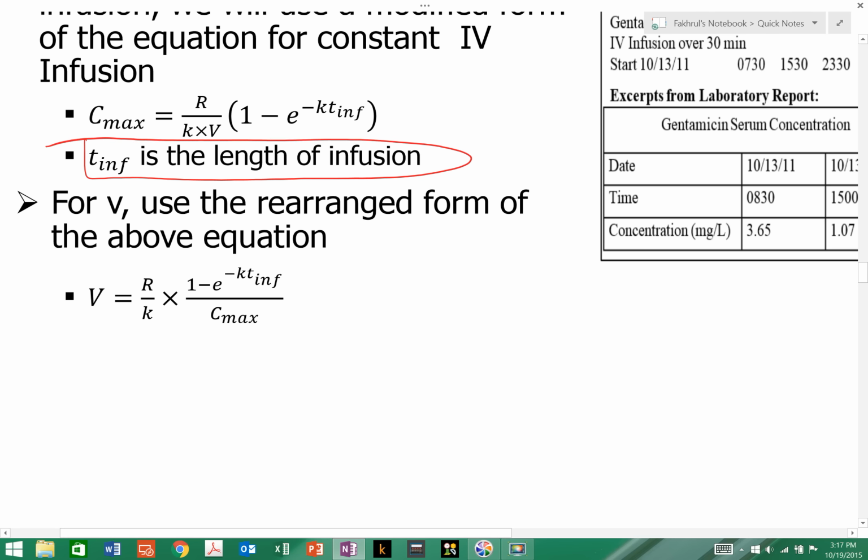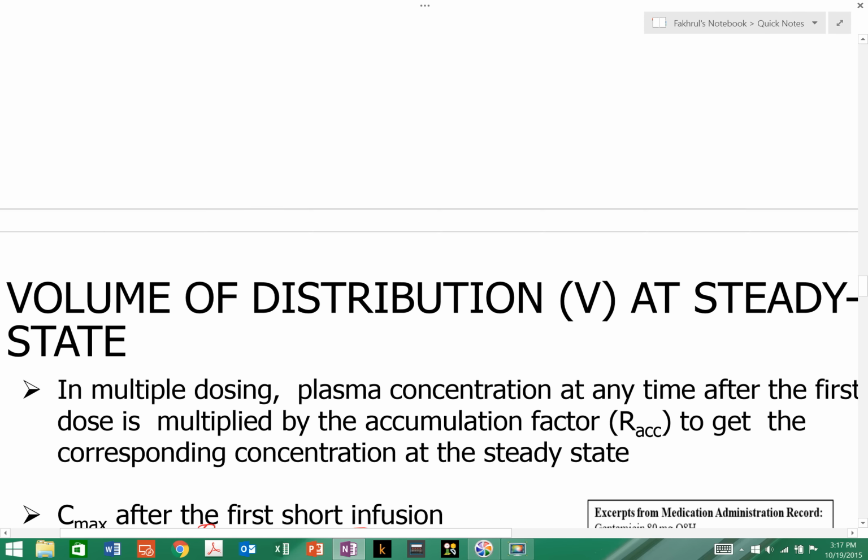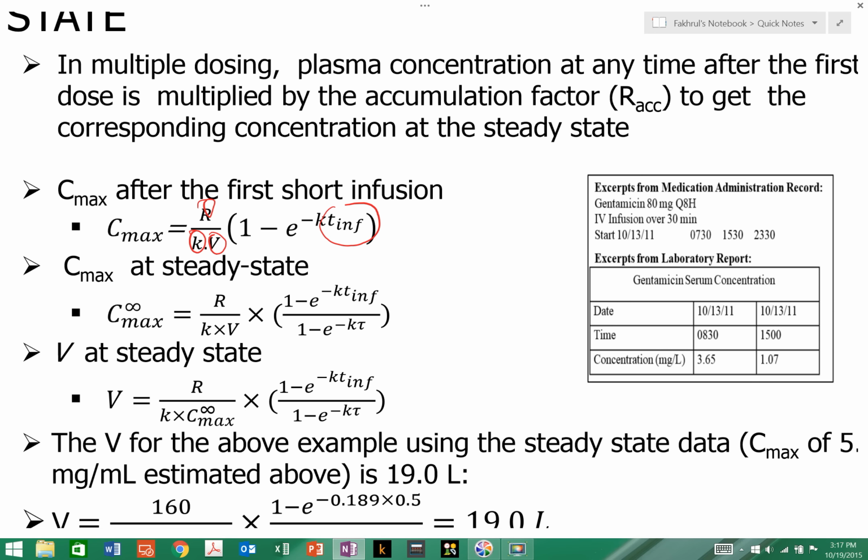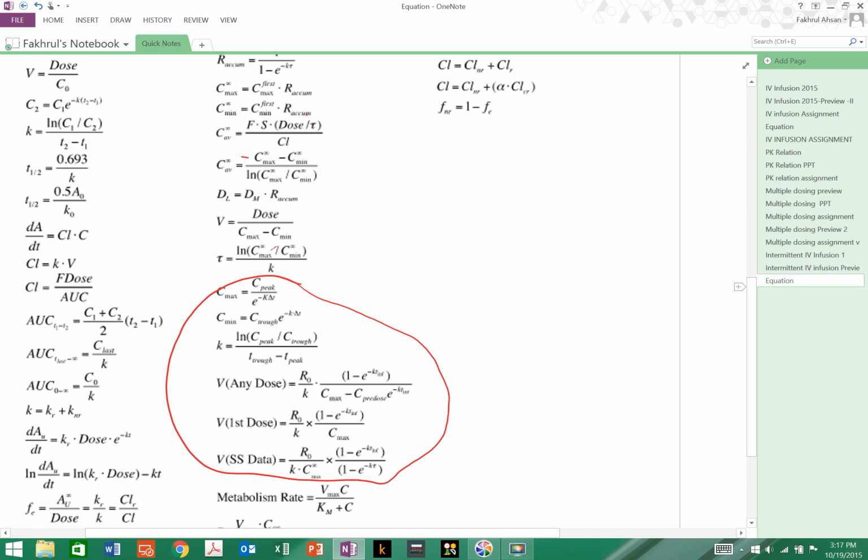In our case it is always 0.5 hour or 30 minutes. So you rearrange this equation, and this would be V at steady state. If you go back to the equation sheet, you will see V at first dose and V at steady state.